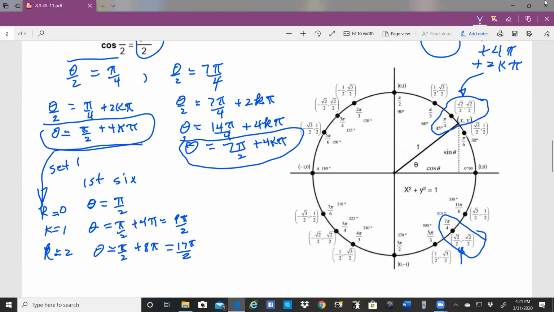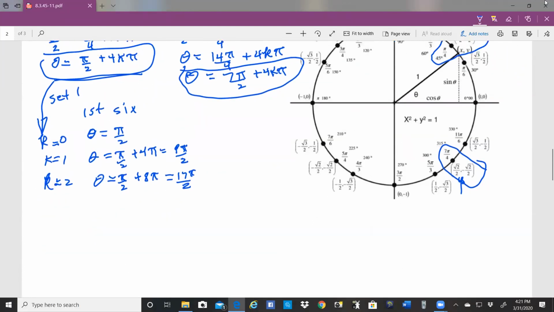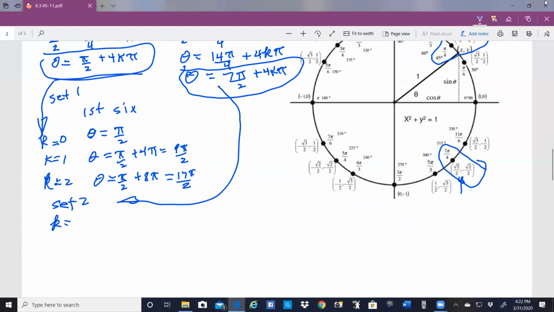And then for set 2, which is this set, we get for k equals 0, theta equals 7 pi over 2.